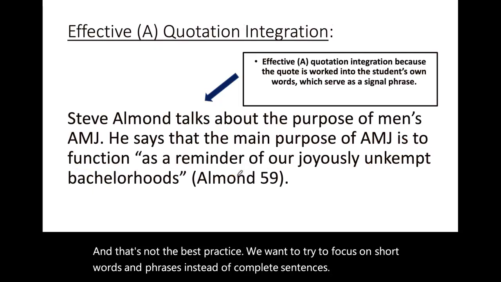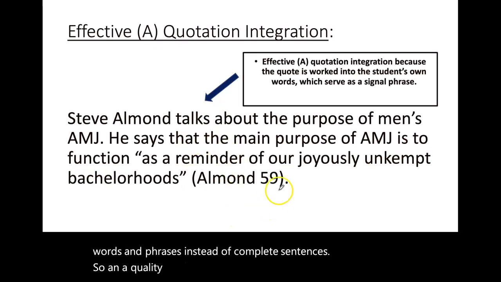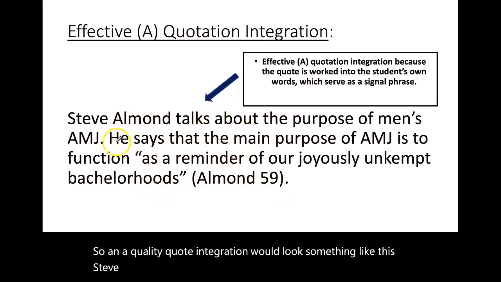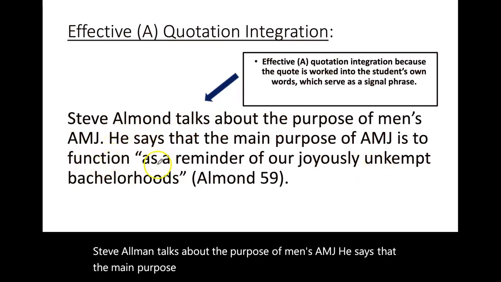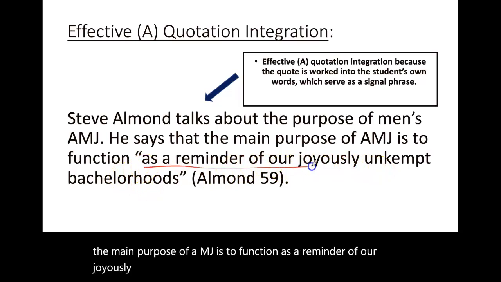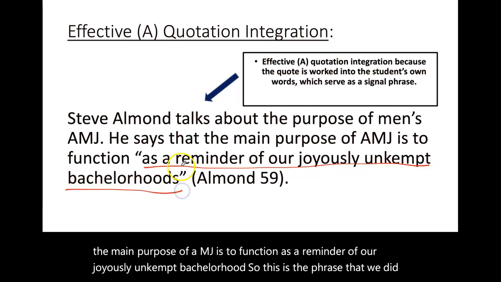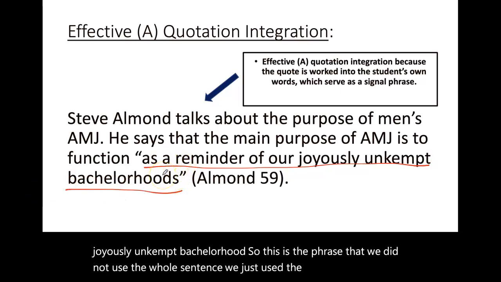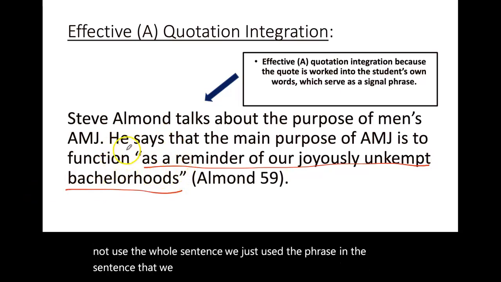So an A quality quote integration would look something like this. Steve Allman talks about the purpose of men's AMJ. He says that the main purpose of AMJ is to function as a reminder of our joyously unkempt bachelorhood. So this is the phrase that we pulled. We did not use the whole sentence. We just used the phrase in the sentence that we could plug into our own writing.